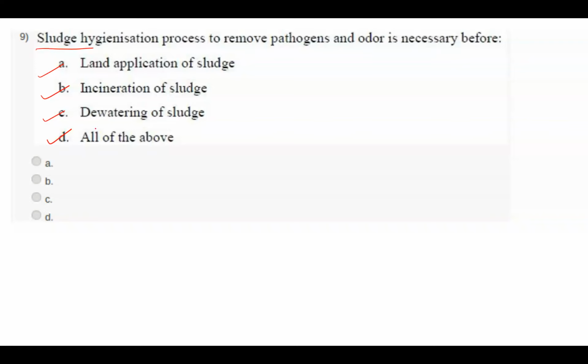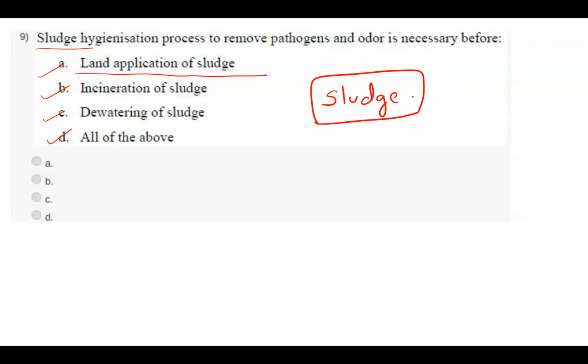Yes, land application is the answer. So like that, which I explained, depending on the end requirement for the sludge you are going to deal with, the steps will vary. So here, before land application of the sludge, we have to go for the hygienization process.